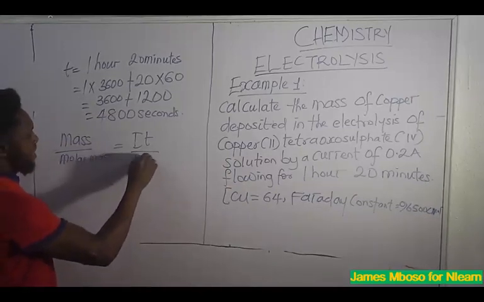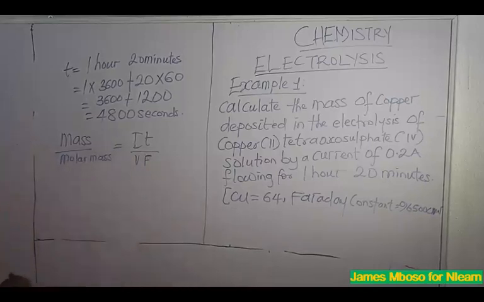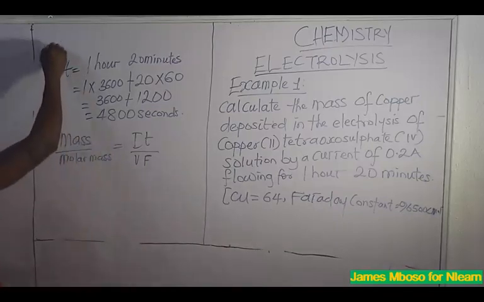Then we have VF. Now don't forget that for copper, the valency is +2.